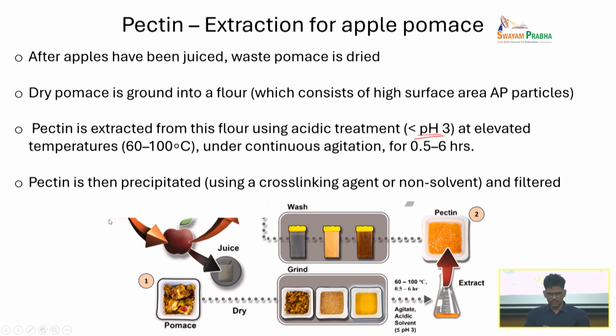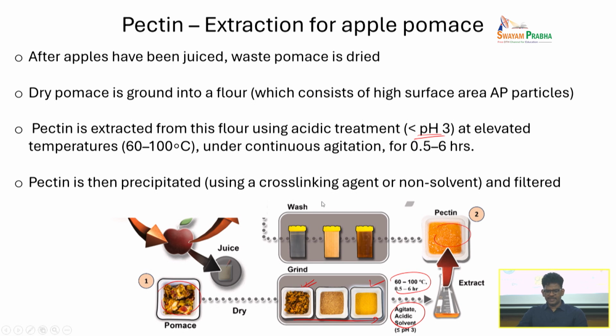So it's schematically shown here. You start with your apple pomace, which is basically the biomass left after you crush the fruits to make juice, and then you dry it into a powder, and then you can see there is a series of grinding processes from a coarse to a very fine powder, and then you add your acid at less than pH 3 over a range of temperatures, up to boiling temperature, and over half an hour to 6 hours, and then you basically get the pectin, and then you can wash it and cast it into various films.